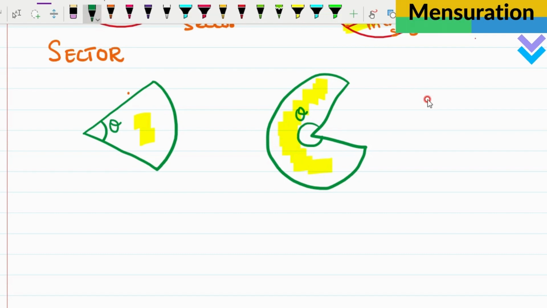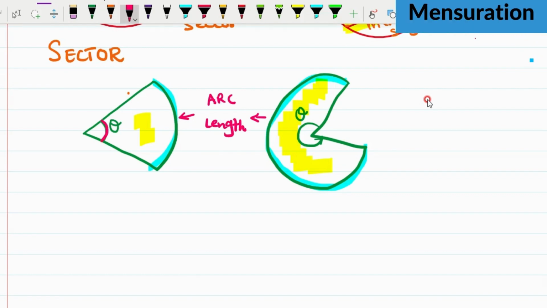But remember one thing, these are the sectors, right? You can observe here, this is a curved line. This curved line and this curved line we always measure as the arc length. Yes, arc length.